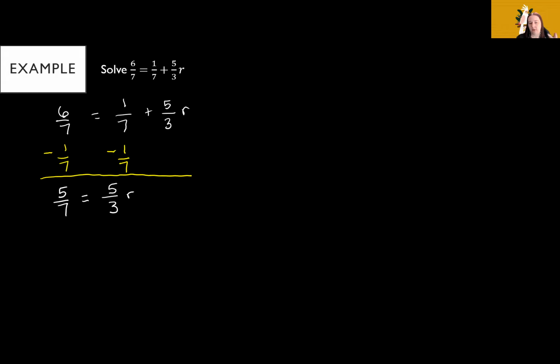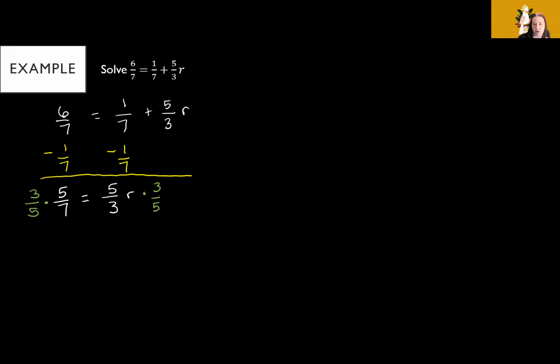So we have a fraction in front of our variable. So this is where we're going to multiply both sides by the reciprocal of that fraction. So we want to get rid of the 5/3. We multiply by the reciprocal, which would be 3/5, and we do this on both sides. So always write your multiplication with a dot. We do not use the letter X because that is a variable. So we use a dot.